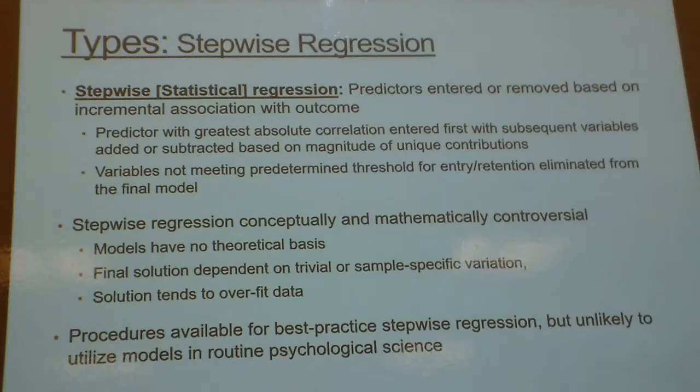And so what ends up happening is we have a model that is capitalizing on specific characteristics of the sample, and then I have a hard time replicating it down the road, because it capitalized on weird stuff going on in this data set, and no one will ever replicate this effect because of how these variables were entered. And then we have a tendency to overfit the data, right?